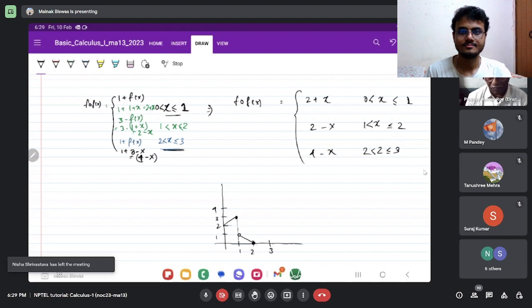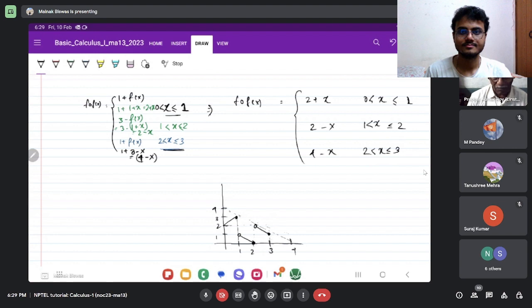And finally, for value of x between 2 and 3, you will have 4 minus x. So this line will catch at 4. So you will have a line between 2 and 1.